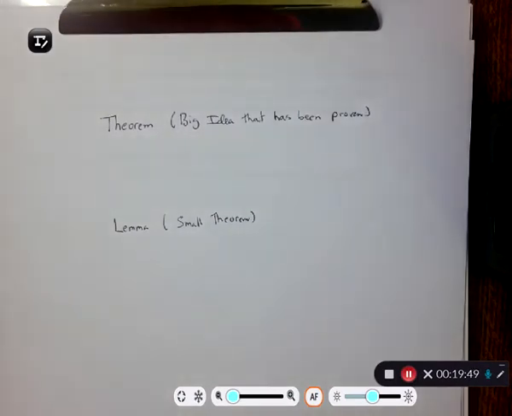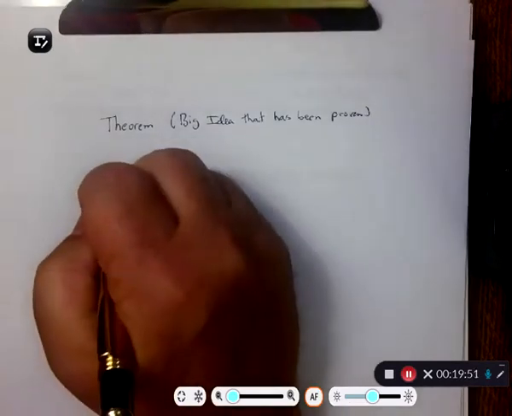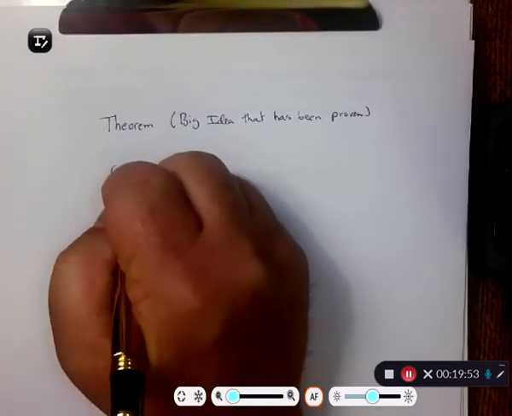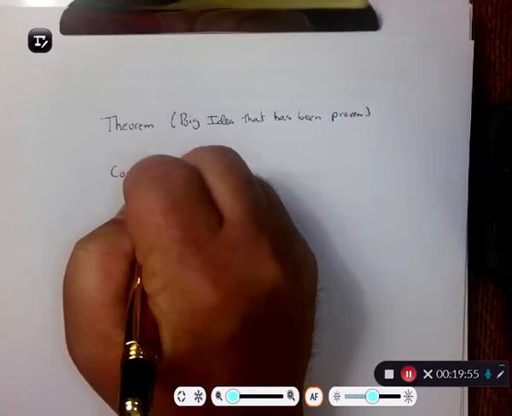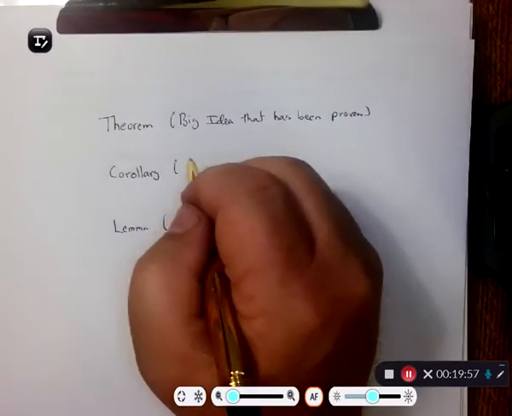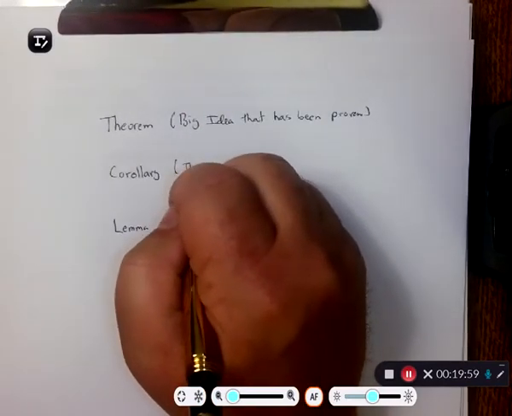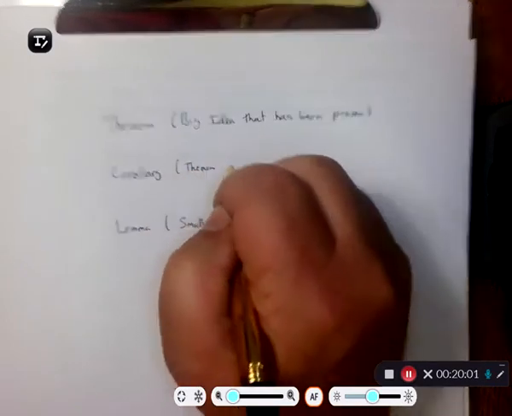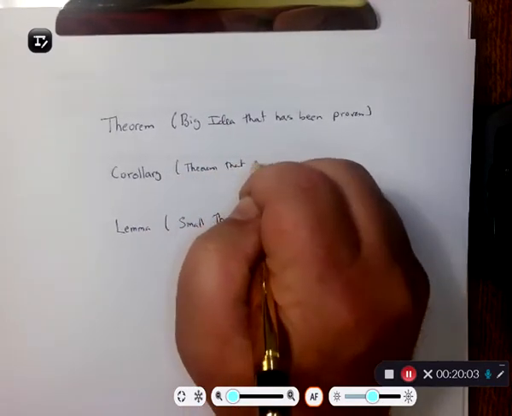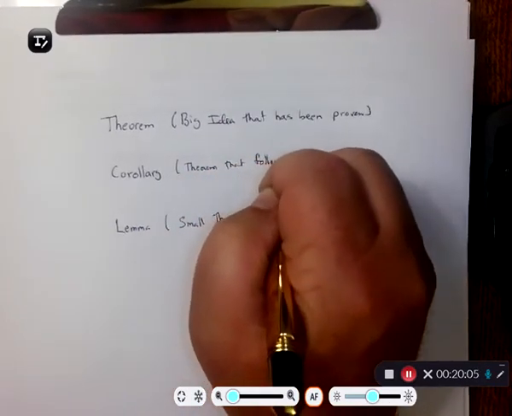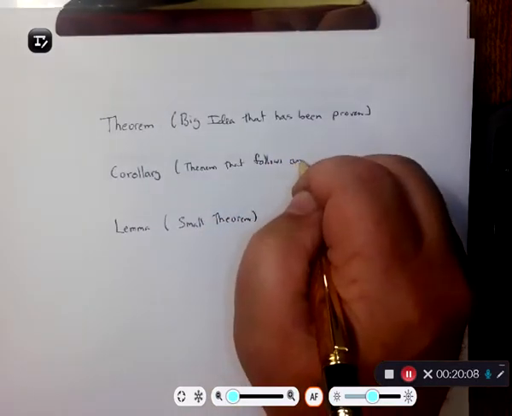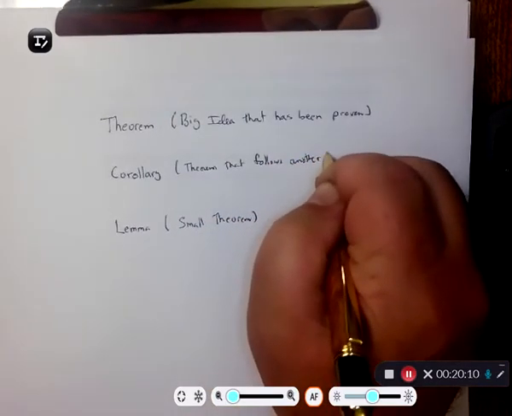Now, the next one is the idea of a corollary. I'll put it in the middle. A corollary is a theorem itself, but is a theorem that follows another big theorem.